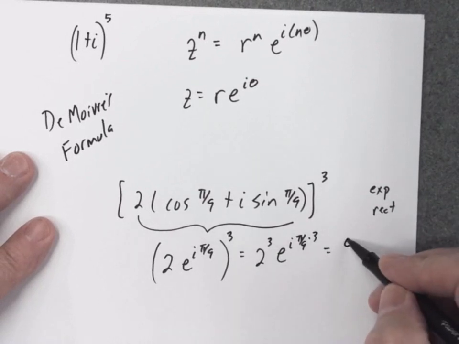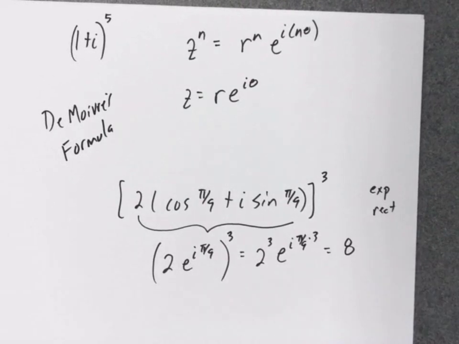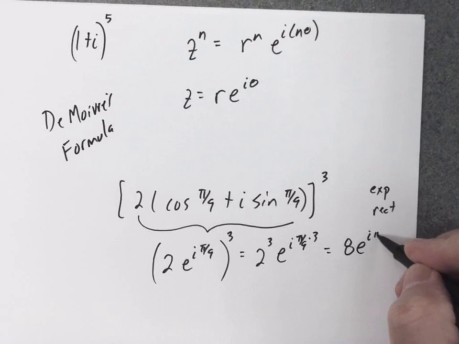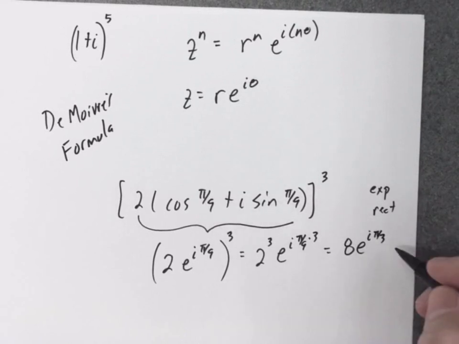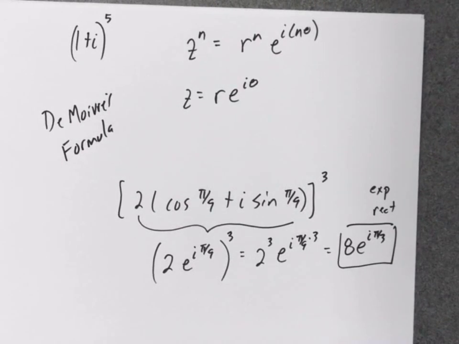Two cubed is 8. Pi over 9 times 3, 3 pi over 9, is pi over 3. So there's the answer in the exponential form.